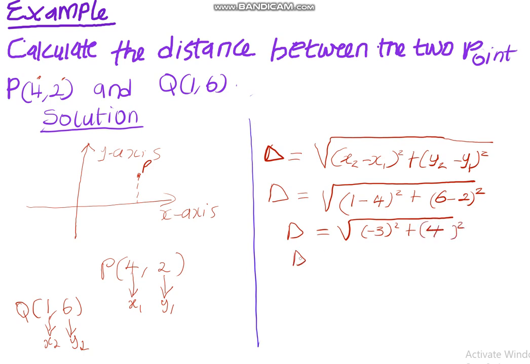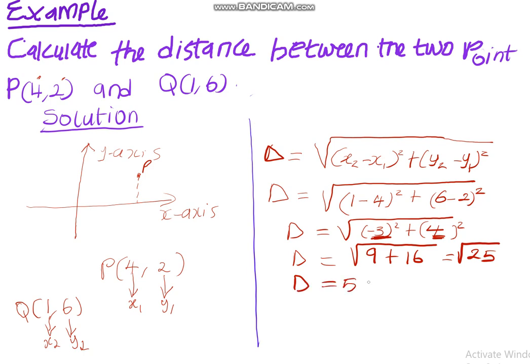Now d is equal to the square root of the square of minus 3 is 9 plus the square of 4 is 16, and this will lead us to square root of 9 plus 16, which is 25. So the square root of 25 is 5.